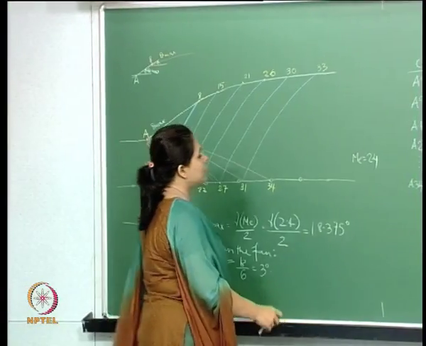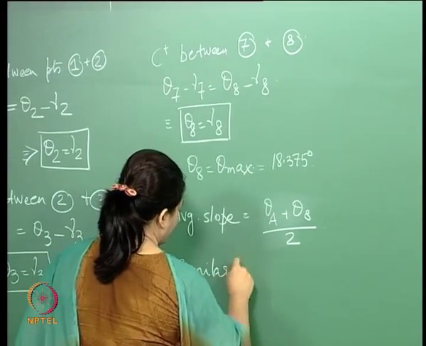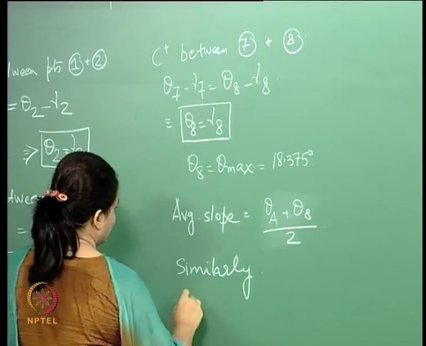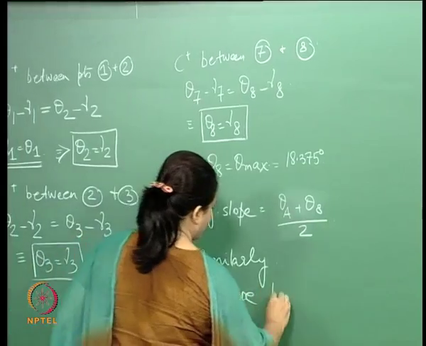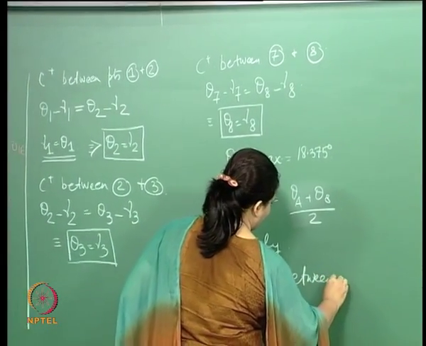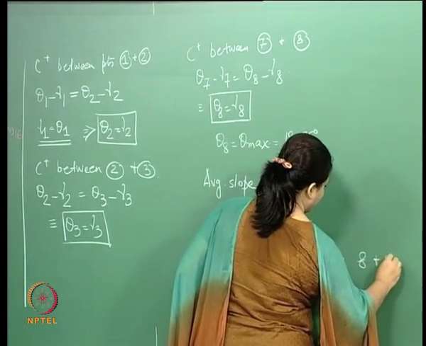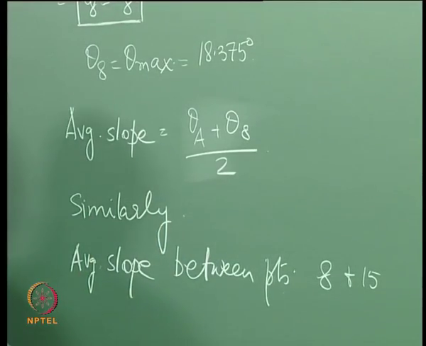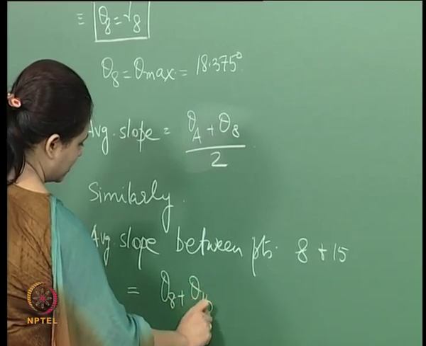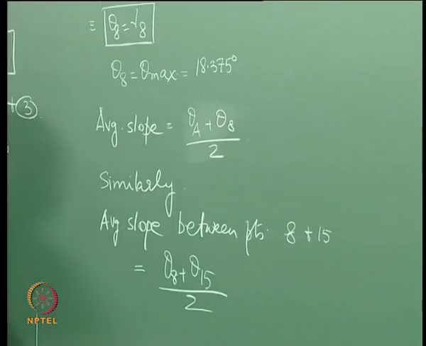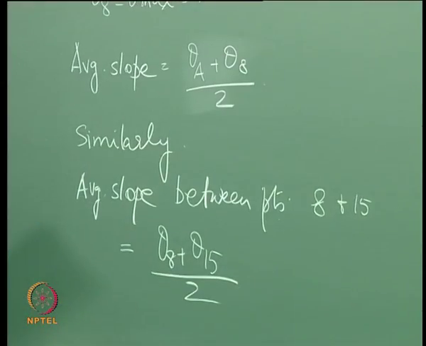So similarly, between the points 8 and 15, we get the average slope here, and that's pretty much it.